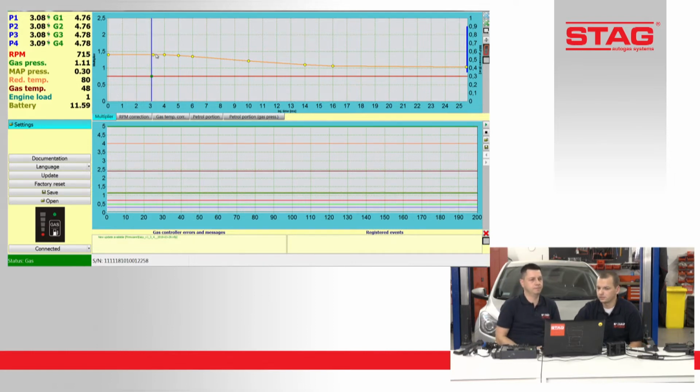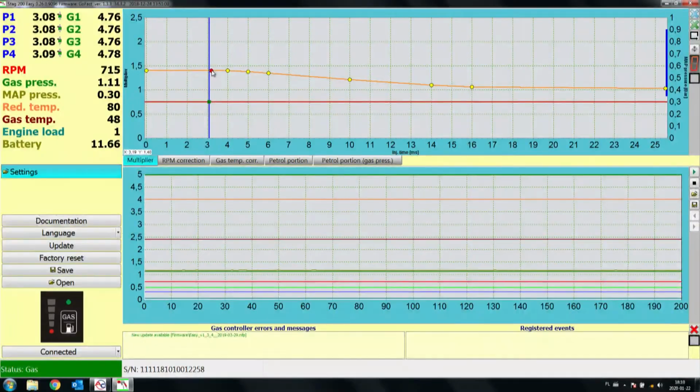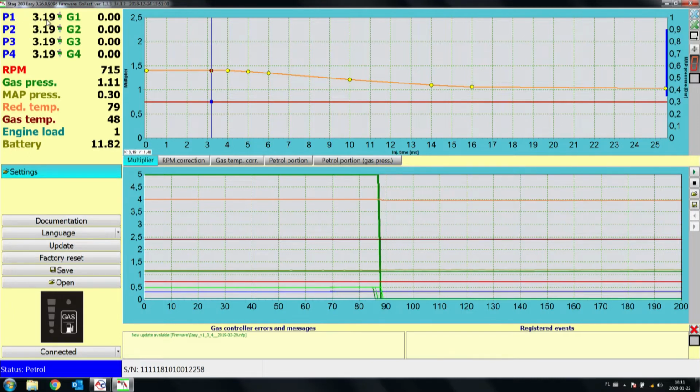In order to check if the mixture is correct, we always observe the petrol injection timings on petrol and after switching to gas. If the mixture and the gas dosage are okay, the petrol injection timings will not change while switching to gas. So now I think we are okay, let's switch to petrol. You can see in the upper left corner the petrol injection timings, they are 3.2, 3.19, something like this.